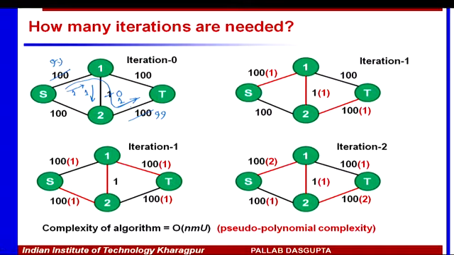Right? So after this, in the residual graph, do we have any path from S to T? Which path?